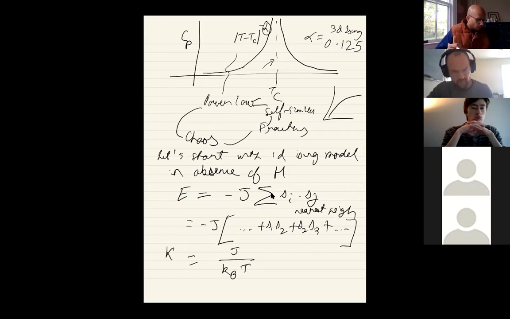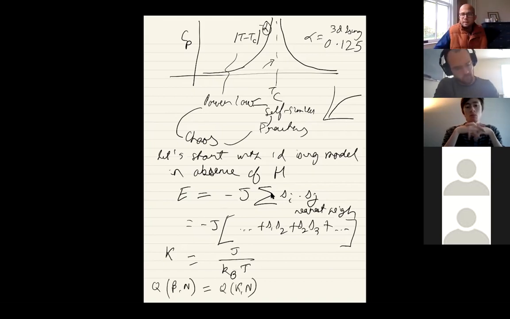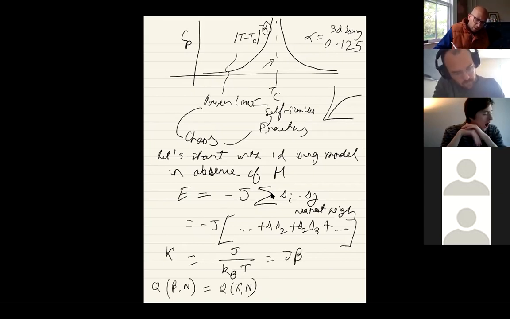Now, let's write down our partition function. So Q as a function of beta and N can also be expressed as Q as a function of K and N, right? I'm changing from beta to K. That's all I have done. So this is J beta, or in other words, K is equal to J beta.